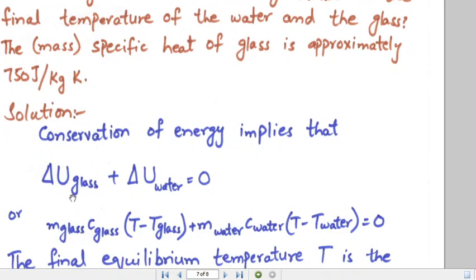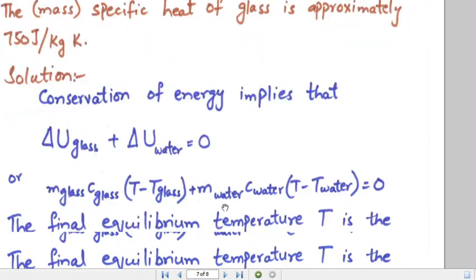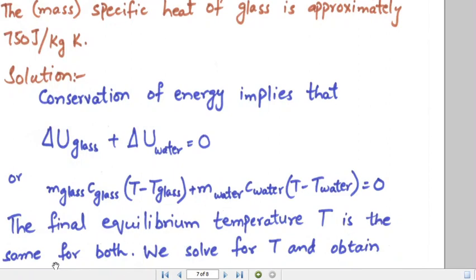We know that the change in internal energy is defined as mc times delta T. So you will have m into C for glass into (T minus Tg), where Tg is the initial temperature of the glass and T is the final temperature, plus the mass of the water times the specific heat of water times (T minus the initial temperature of the water), equal to zero. The final equilibrium temperature T is the same for both.